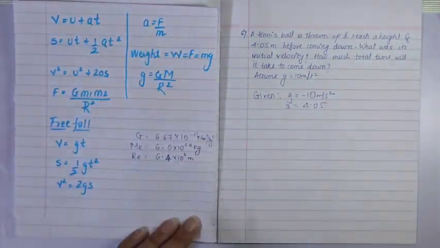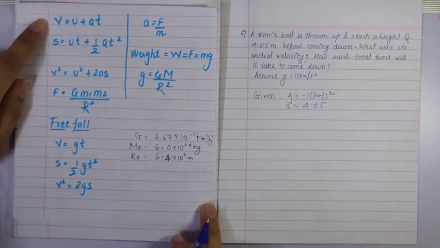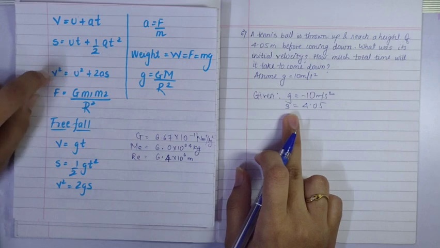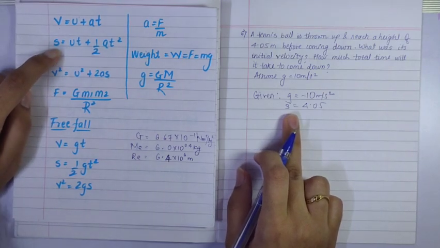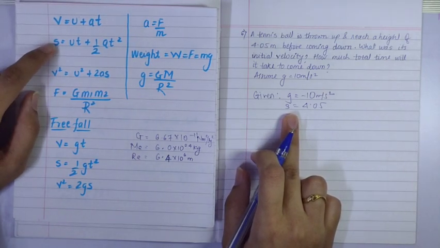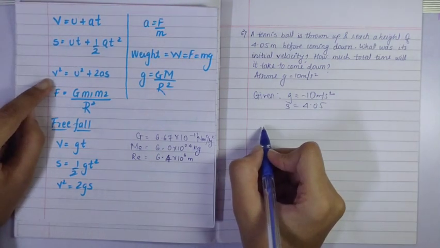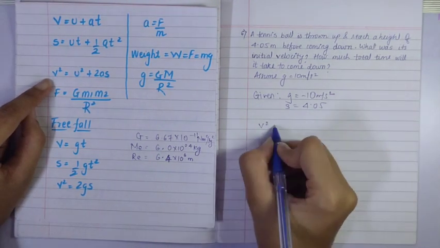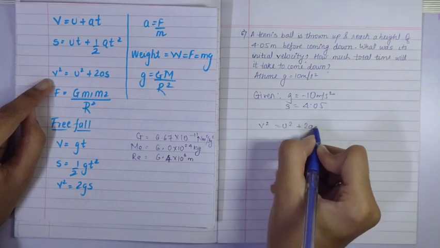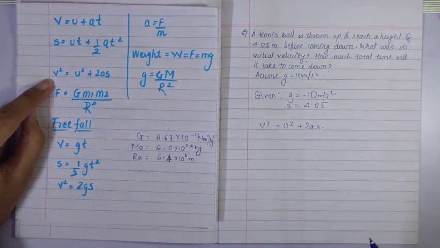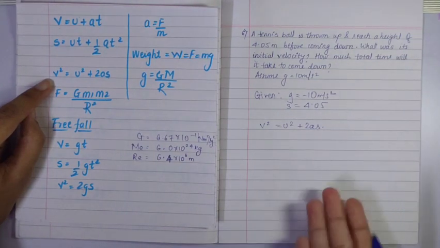For that you can use any of these formulas. As I know s, I can use this or this. So let's choose this one. So v square is equal to u square plus 2as. Now as I told you, final velocity is always 0 when you throw a ball from down to up.